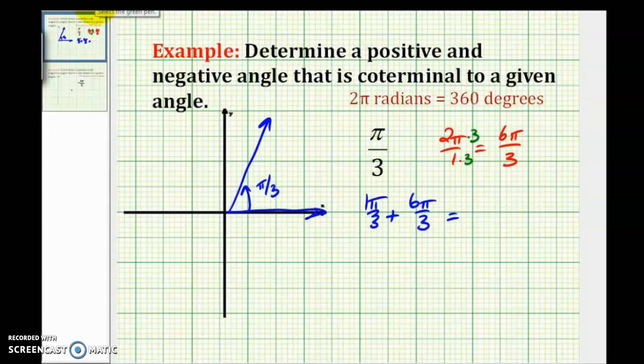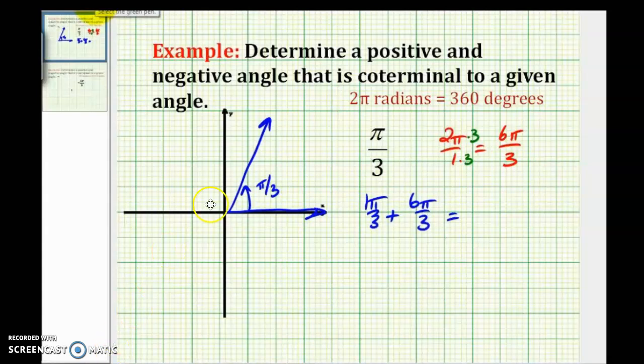So the types of questions that we're asking are determining coterminal angles. So we remember that coterminal angles are angles that are going to land in the same spot.